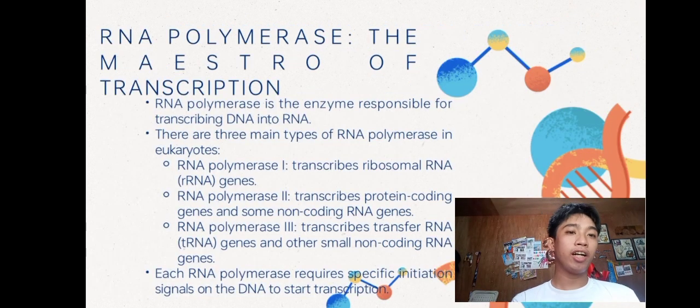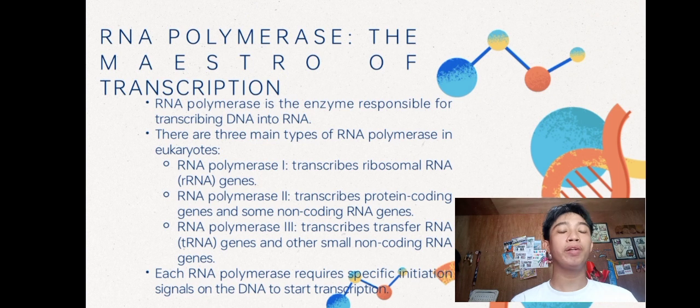So the RNA polymerase is the enzyme responsible for transcribing DNA into RNA. And there are three main types of RNA polymerase present in eukaryotes. These are RNA polymerase 1, 2, and 3.